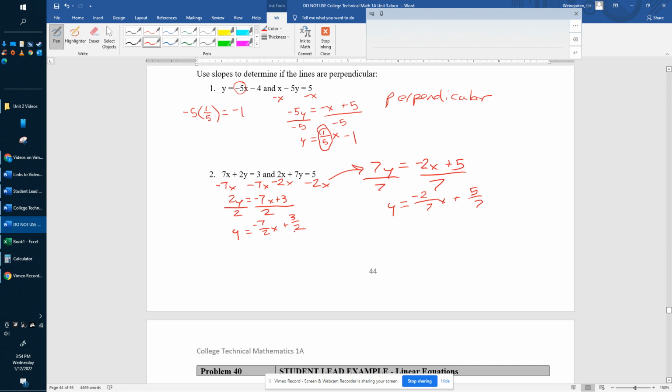We have -7/2 and -2/7. If we multiply those together, will we get -1? -7 times -2 is positive 14. 2 times 7 is 14. We get a positive 1, so these are not perpendicular.